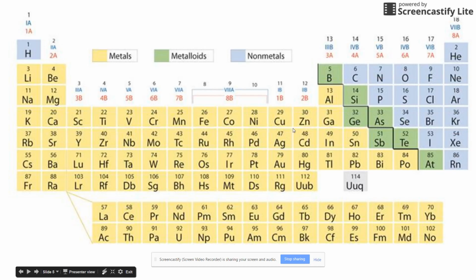It's way more complicated, and we're not going to focus on that. Group 13 or 3A, 3 valence electrons. Group 14 or 4A has 4 valence electrons. Group 15 or 5A, 5 valence electrons. Group 16 or 6A, 6 valence electrons. Group 17, 7 valence electrons. And finally, group 18, the noble gases, 8 valence electrons.